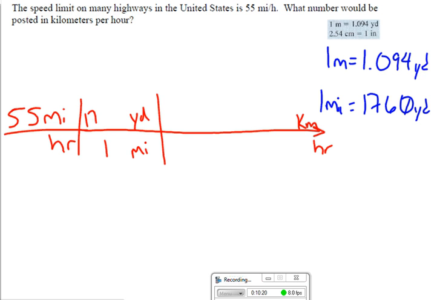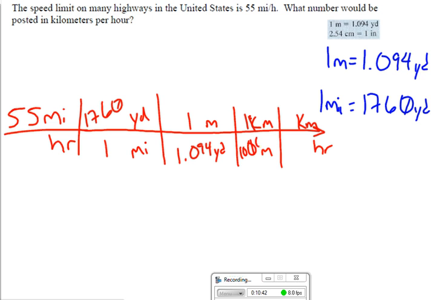For every 1 mile, there are 1,760 yards. For every 1.094 yards, there's 1 meter. And in 1 kilometer, there's 1,000 meters.